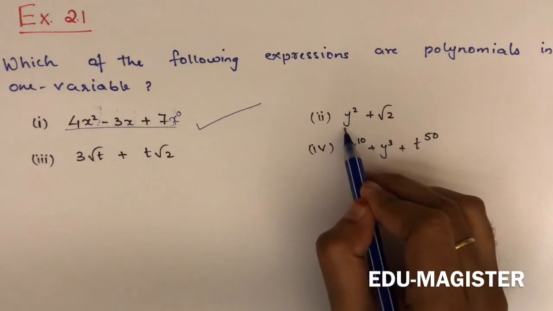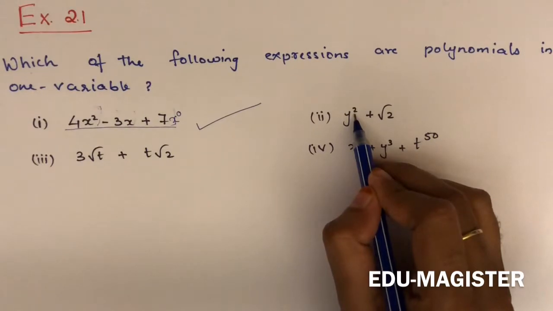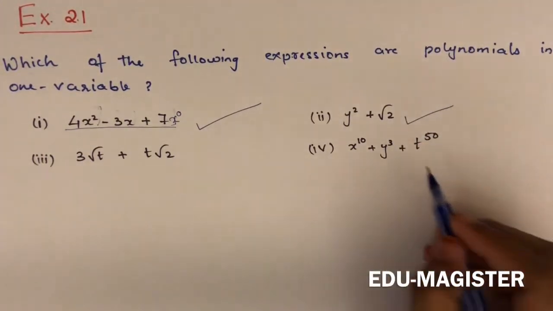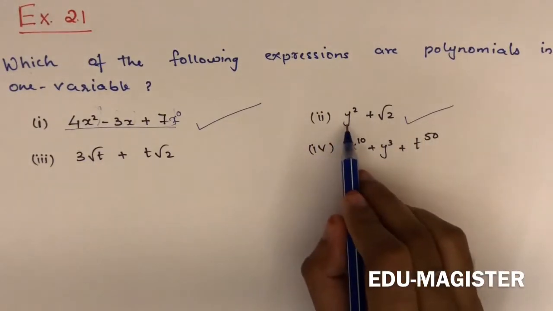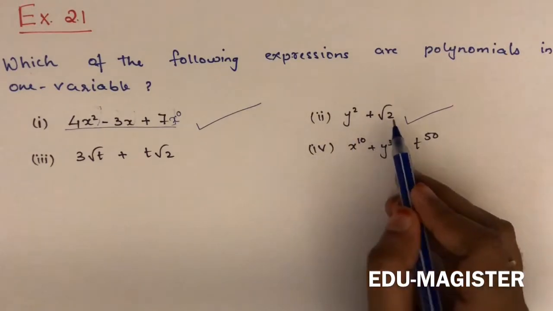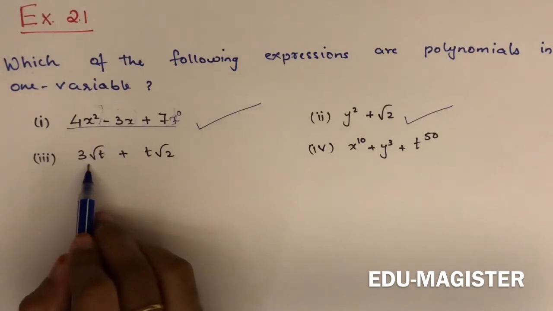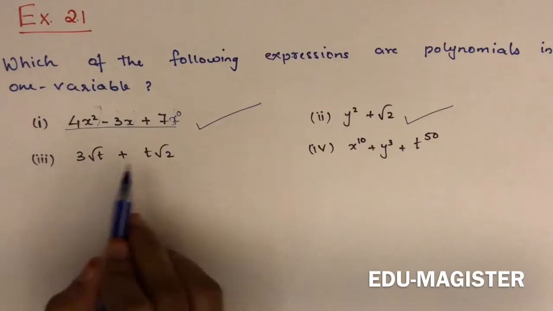Similarly, here the variable y has the power 2, which is again a whole number. So this expression is also a polynomial in one variable because we have only one variable, and root 2 is the constant here. Now in this question, this expression has two terms.